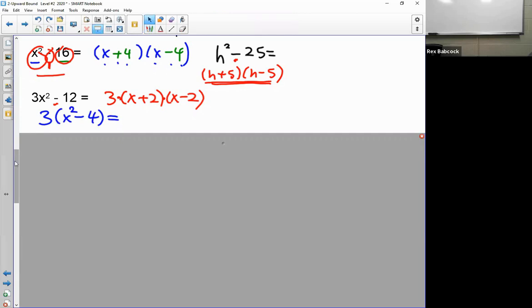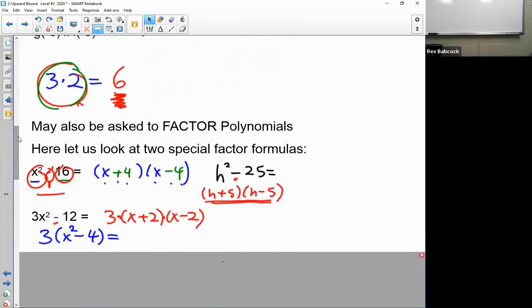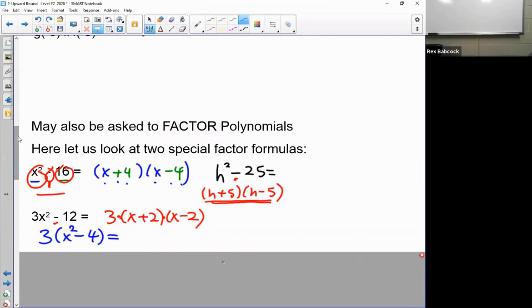Now, sometimes they get a little more involved. And it's kind of tricky with the perfect squares. For example, say I had h to the 4th power minus 64.